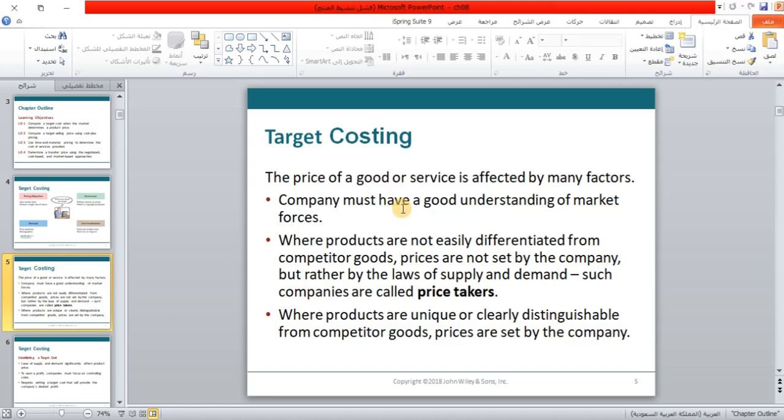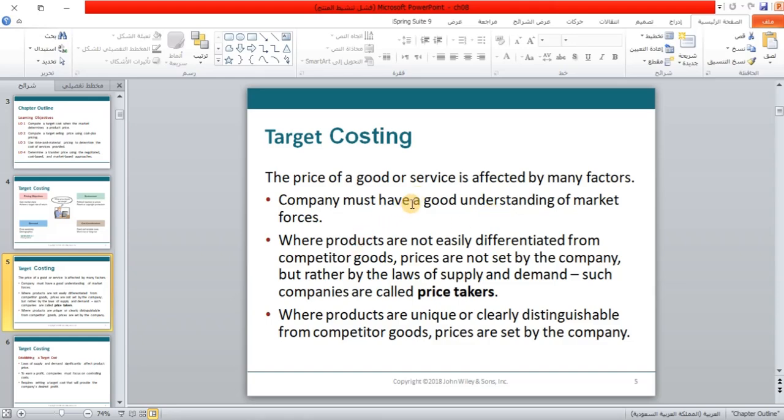The price of a good or service is affected by many factors. A company must have a good understanding of market forces, where products are not easily differentiated from competitors.